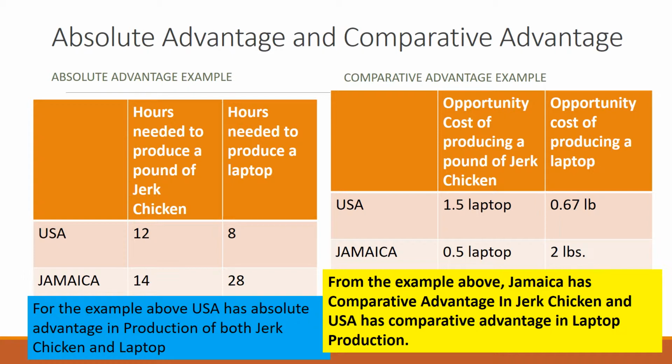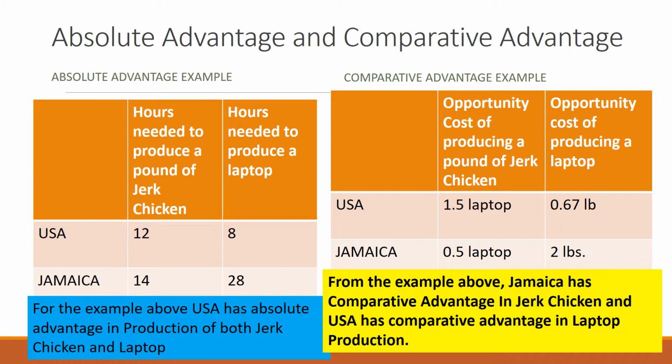In other words, if the same good is produced in two countries, the country that is producing it with the least cost or using the least amount of input, then that country would have absolute advantage in production of that good. For example, in this case, the only factor of production is human labor.